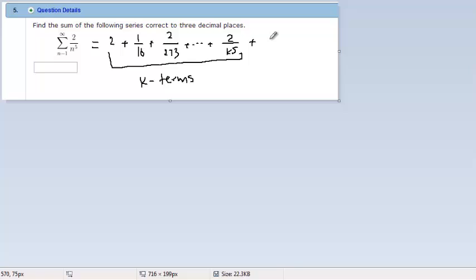And then I will have the remainder. The remainder will start from k plus 1, go up to infinity, and I will have 2 over n to the 5th. My goal is to keep this error less than 3 decimal places, which means I want to keep this error less than 1 over, again, 1000. Okay, how do we find the value of k? How many terms do we have to separate? Again, we will use the improper integral.